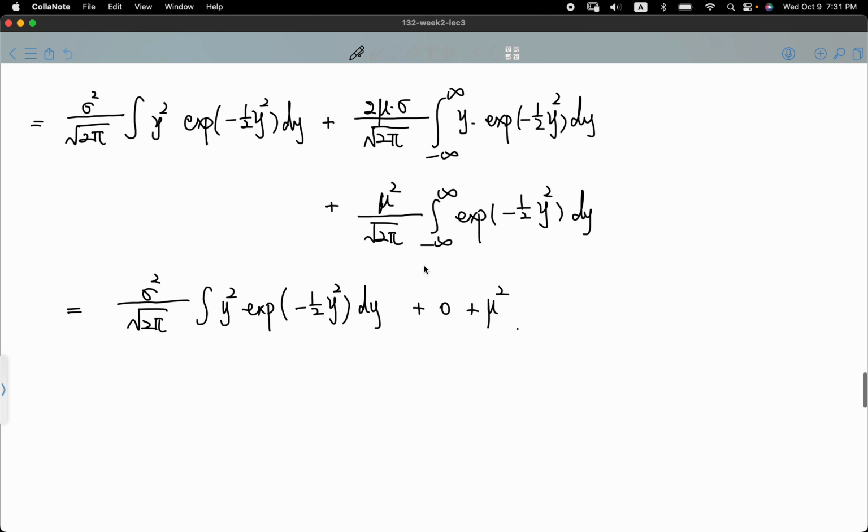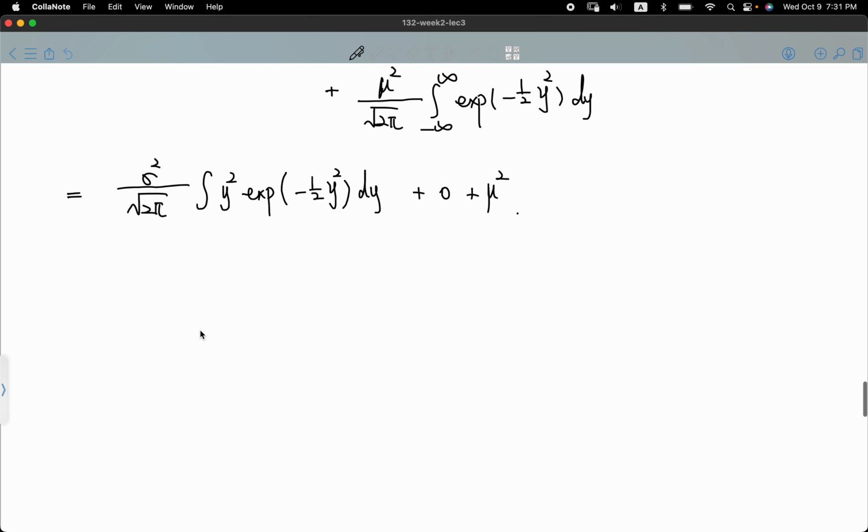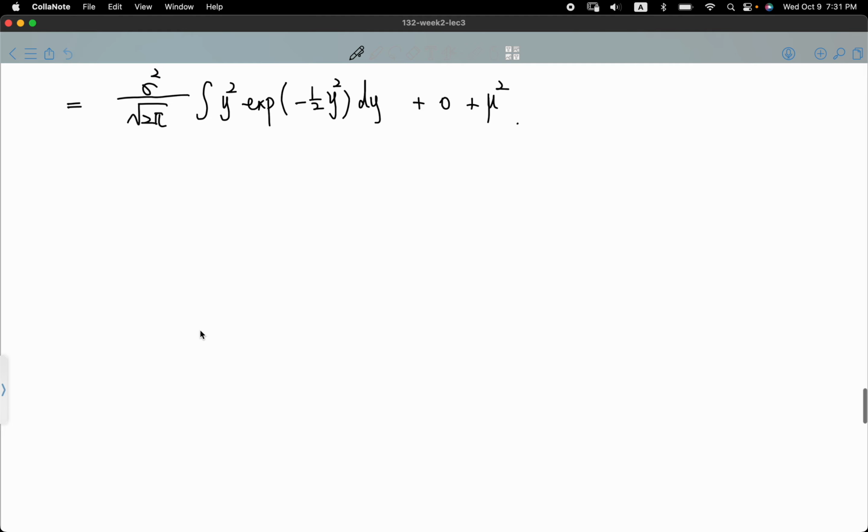Now the question is, how do we evaluate the first term? I'm going to provide another tool to further simplify it. Let's set alpha equal to one half.